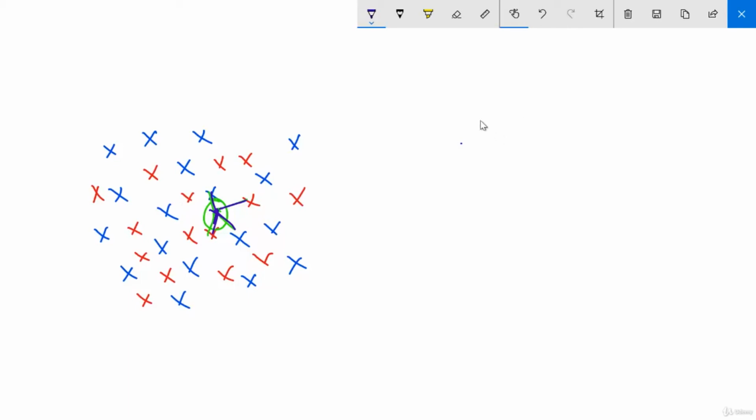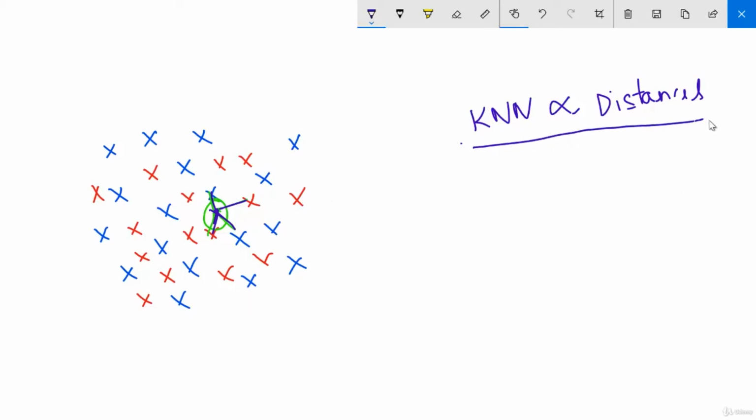It clusters and separates it into that area. So in short, KNN depends upon distances. You can make a note of all these things.